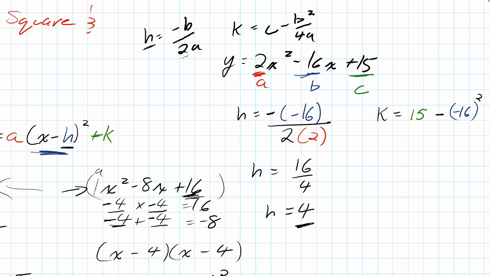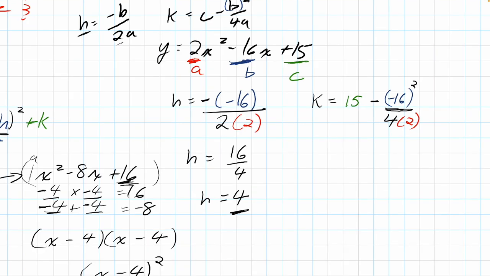So if you notice here, we're taking this b value and substituting in negative 16, and then we're going to square it. And on the denominator of this fraction, we have 4 times whatever the a value was, and we already discovered our a value happened to be 2. This one's a little trickier to carry out, but if we memorize it and we've done enough of our algebra, we should probably get to it.